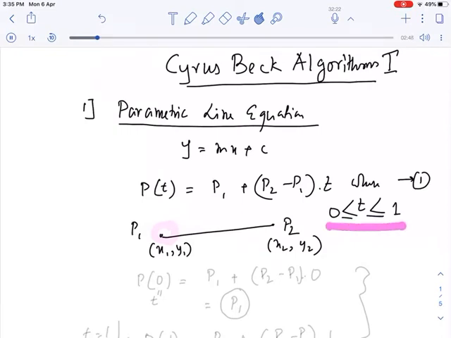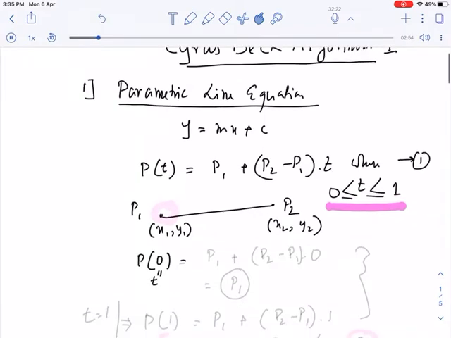So if I put t equals to 0, then the equation becomes p1 plus (p2 minus p1) into 0, which means it is nothing but p1. So that is the initial point.